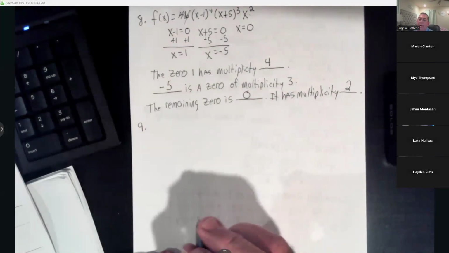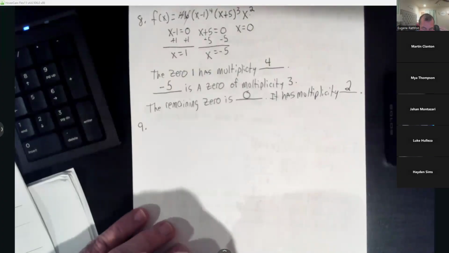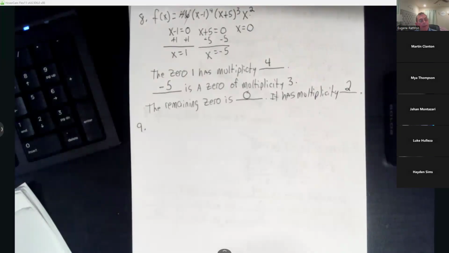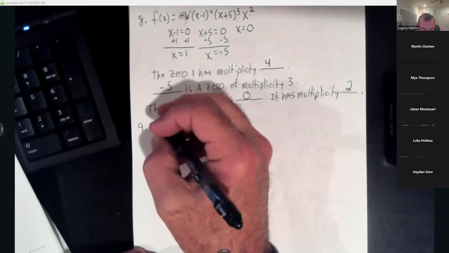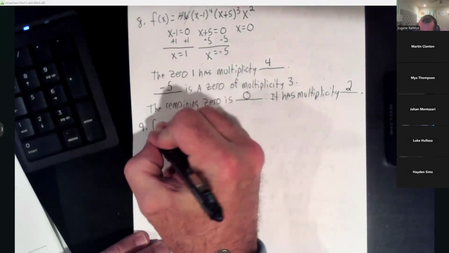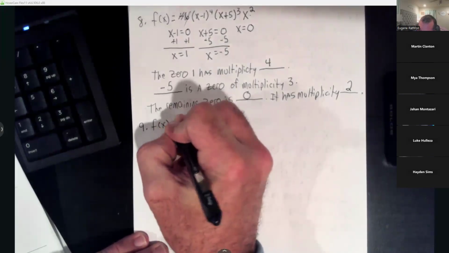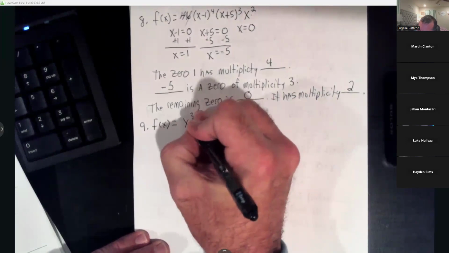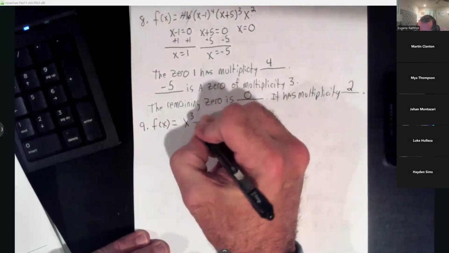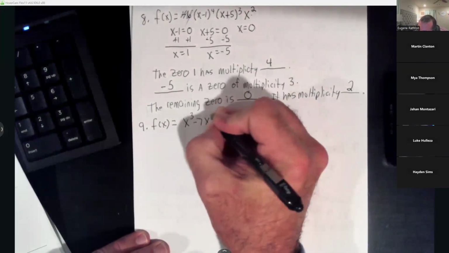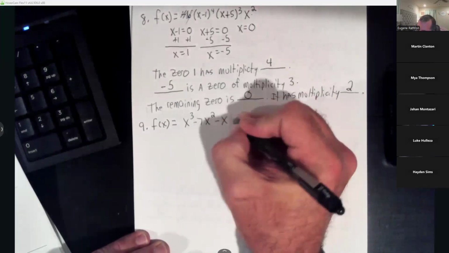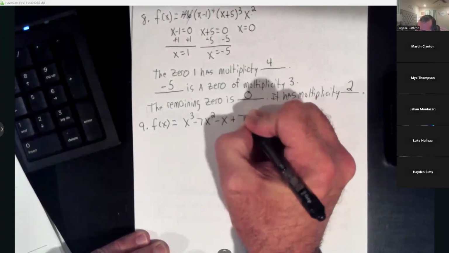But y'all, number 9 changes the game. Number 9. They're giving me f of x equals x to the third minus 7x squared minus x plus 7.